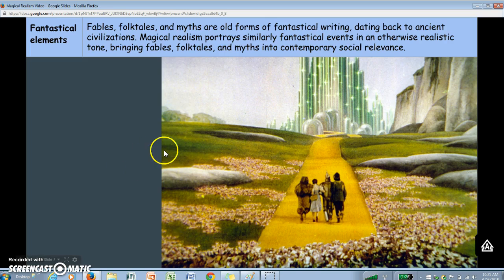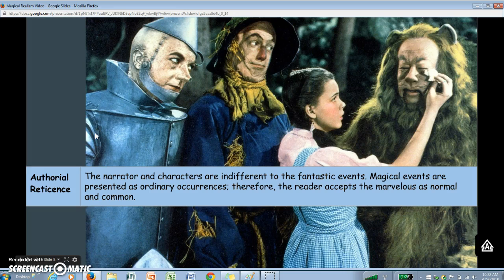Therefore, to restate that, magical realism is going to share the characteristics of fables, folktales, and myths, but the settings will be very different, where these are set in ancient times most often, and magical realism is set in a contemporary time period.